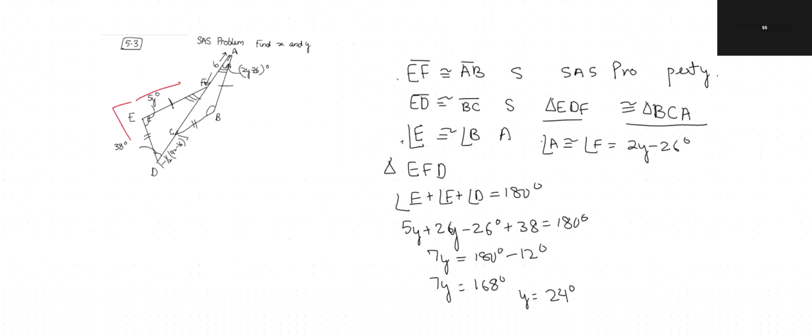If I write this congruence statement here, ED is equal to BC, it was given also, and DF is congruent to CA.